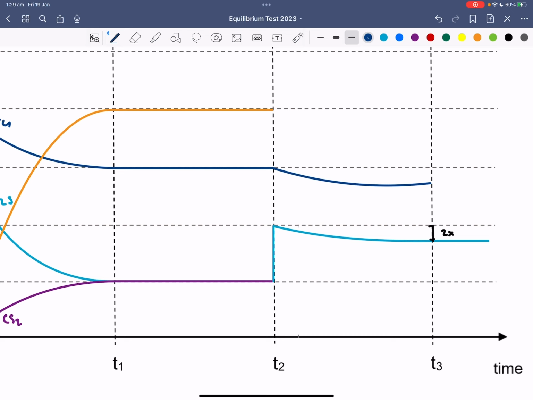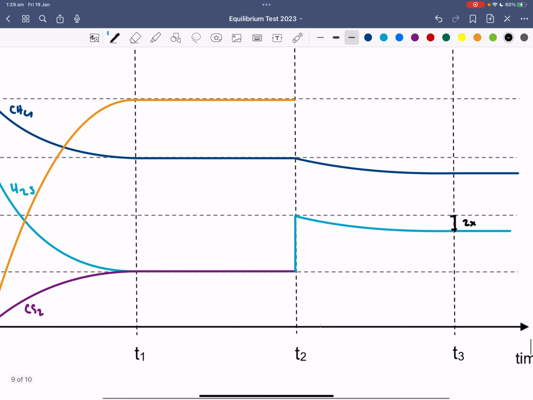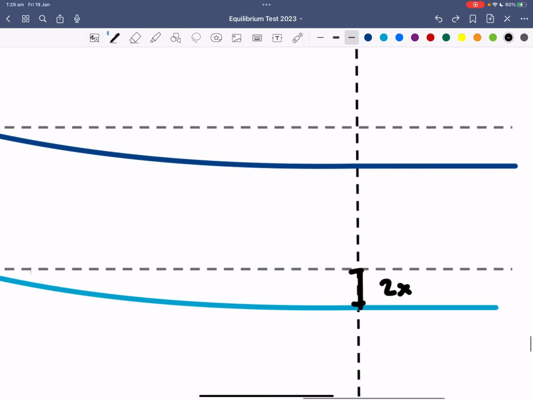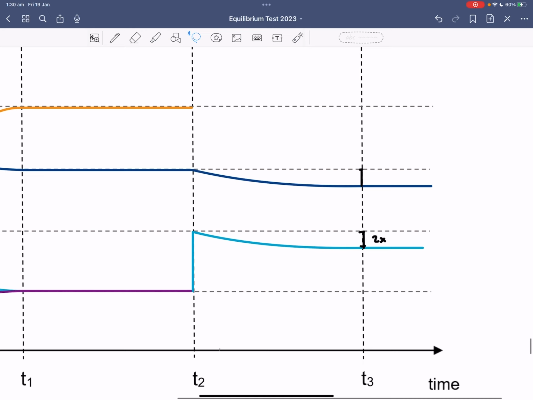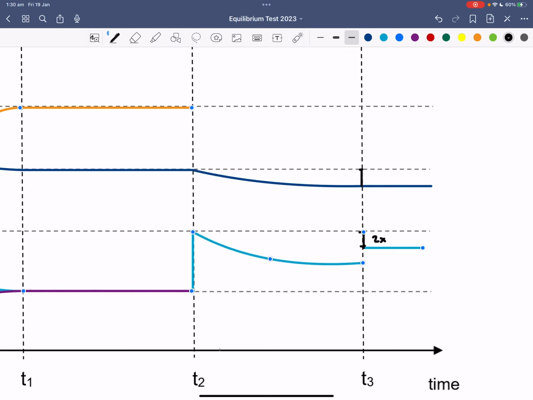Now, just to make it look a bit more accurate, if this is x, clearly the 2x doesn't look very well scaled. So if this is my x, then really I should make the 2x a bit lower. That looks a bit more like 2x. Okay, so that's 2x.